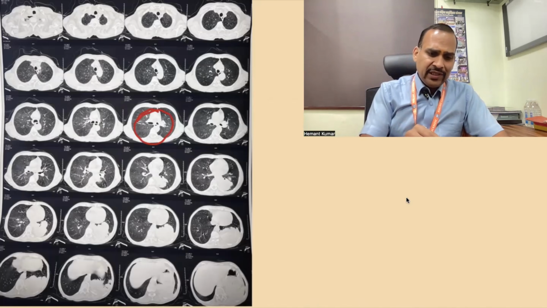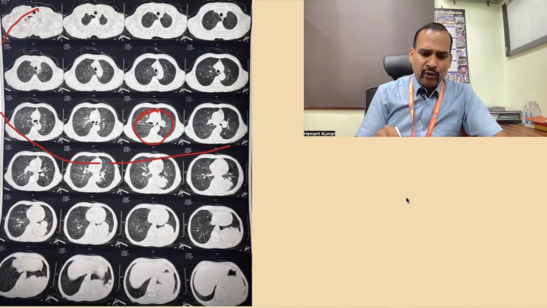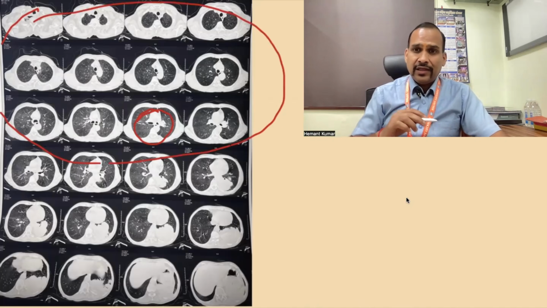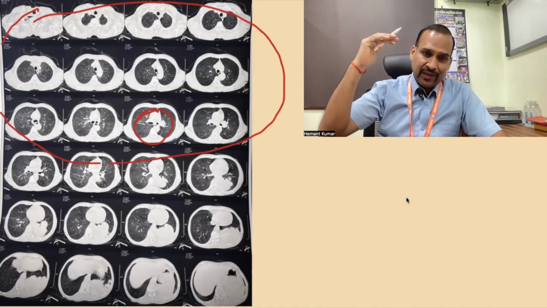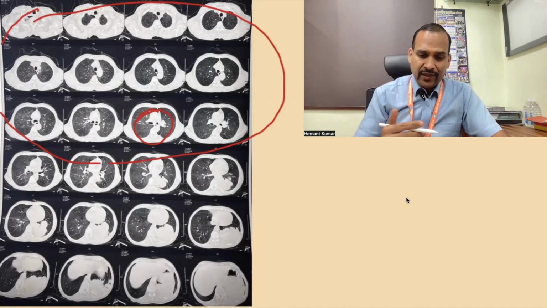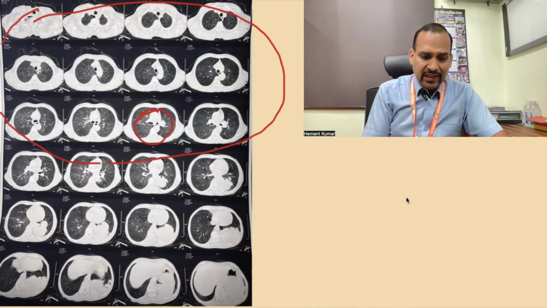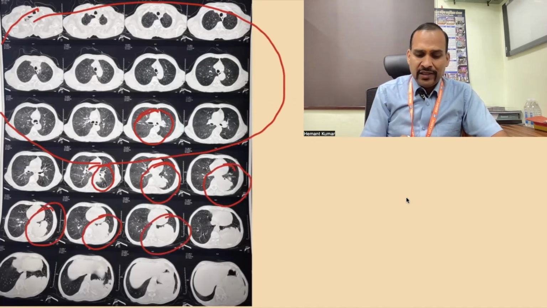So you can appreciate that there is no abnormality in the upper part of the CT scan, that is above the carina. But below the carina, you can appreciate there is origin of opacity in the left lower lobe, right? So there is left lower lobe opacity.